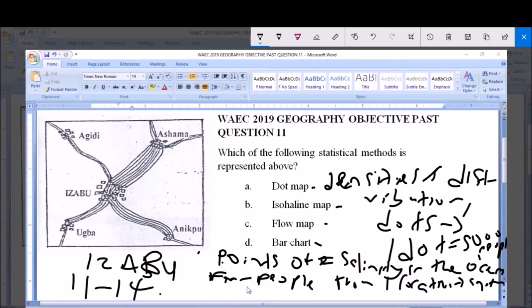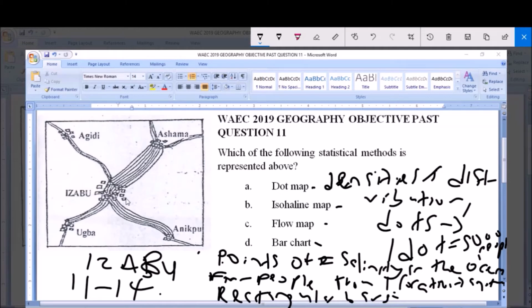And then a bar chart, of course, uses rectangular bars to represent data.